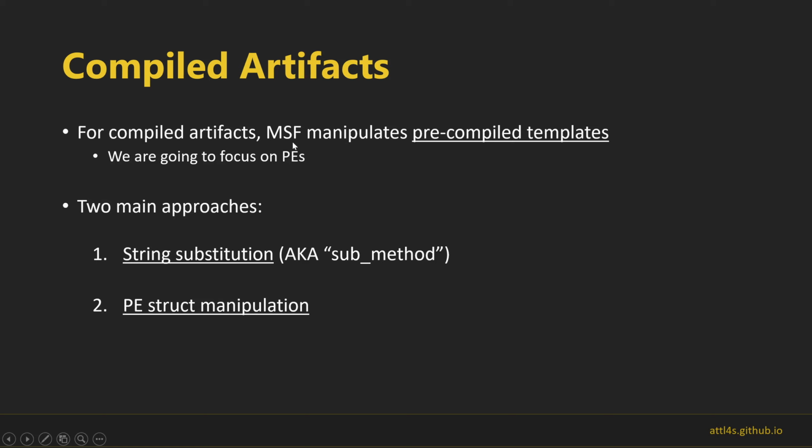What Metasploit does here is more or less similar to what we saw with the reflective DLLs, which were precompiled and then manipulated. Here it is the same. We have different precompiled templates, EXEs, DLLs, and so on. And those templates are manipulated by Metasploit.